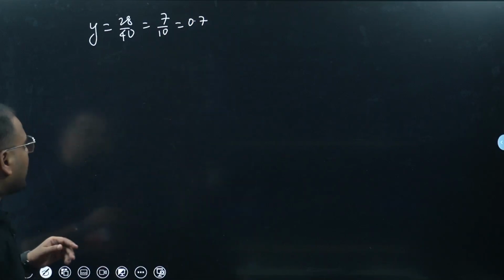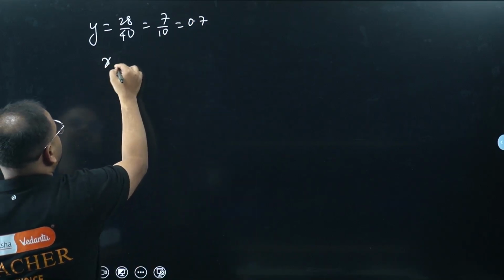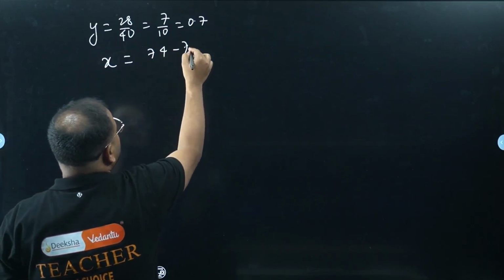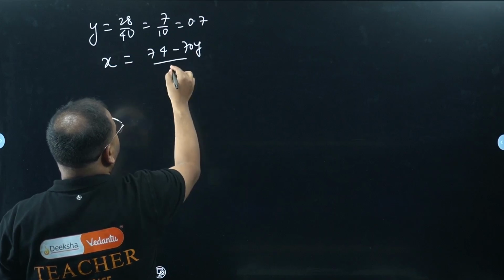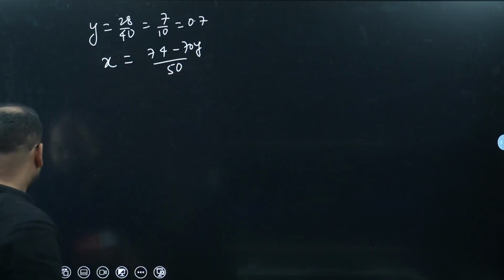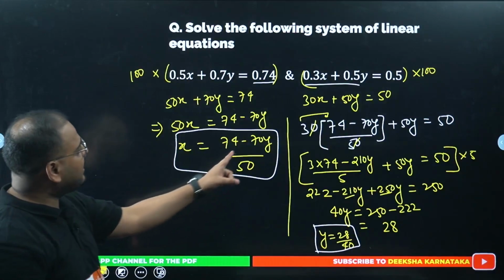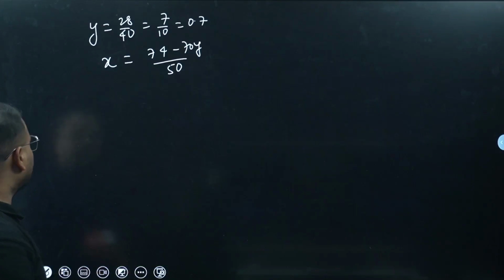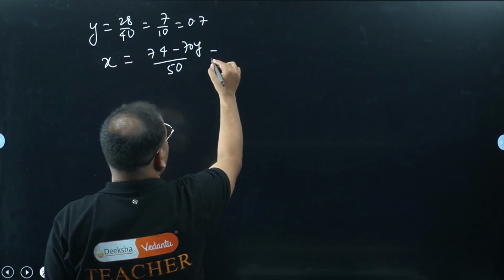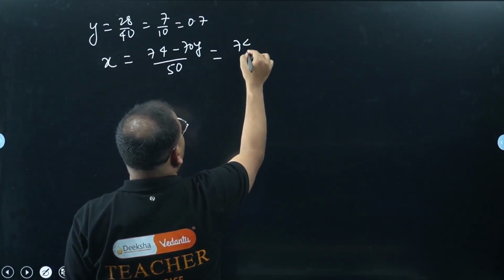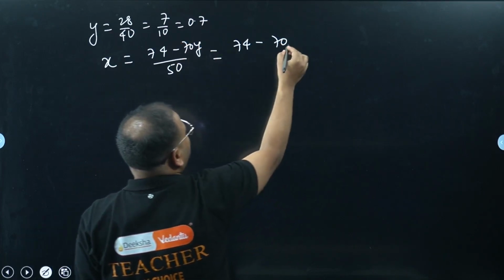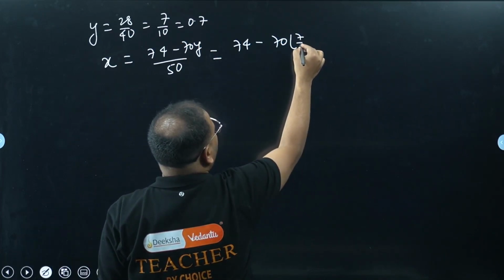Now we already got the x value. It was (74 minus 70y) upon 50, I guess. Let's check. We are using this over here, and we're going to put the value of y back. So we will put 74 minus 70 into, shall we put 0.7 or 7 by 10? 7 by 10 makes our calculation easier.